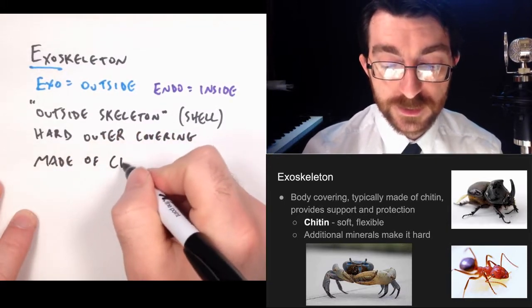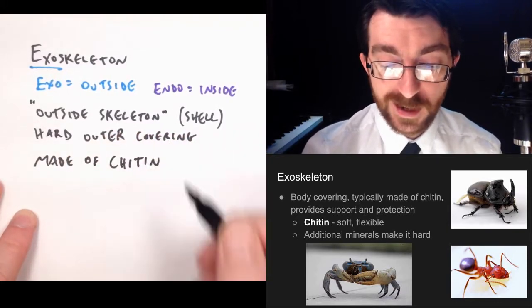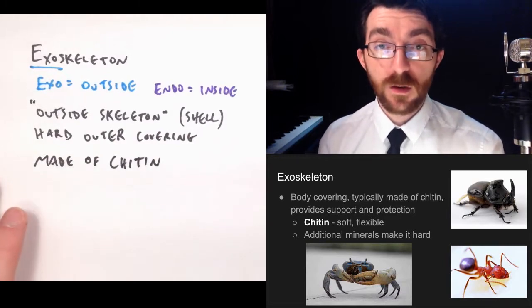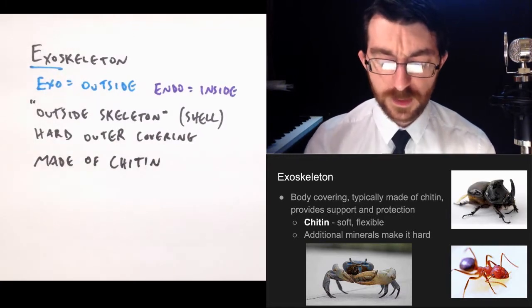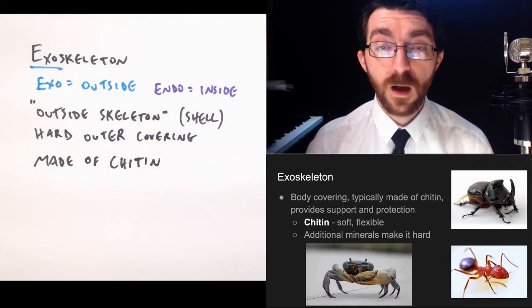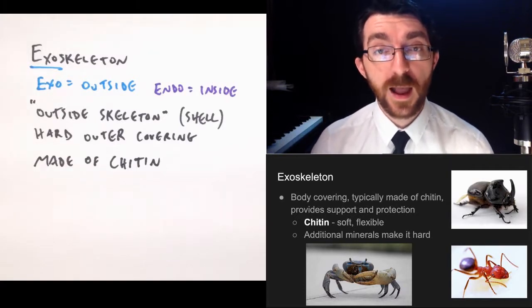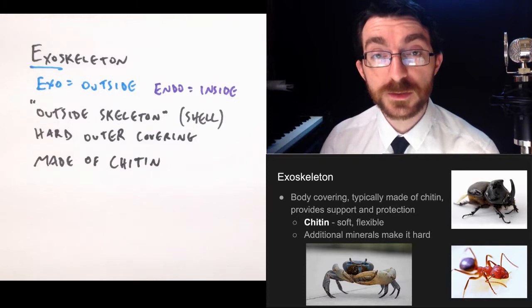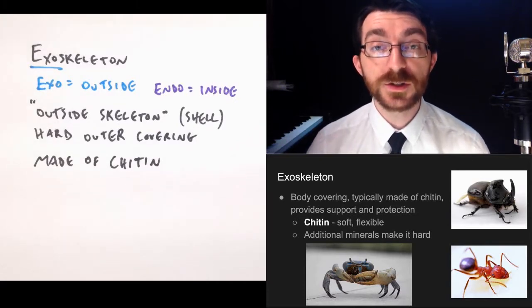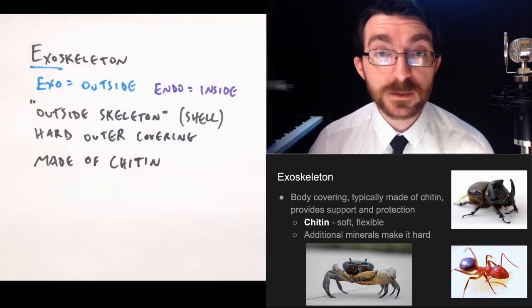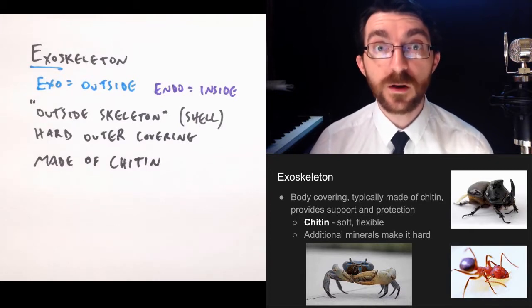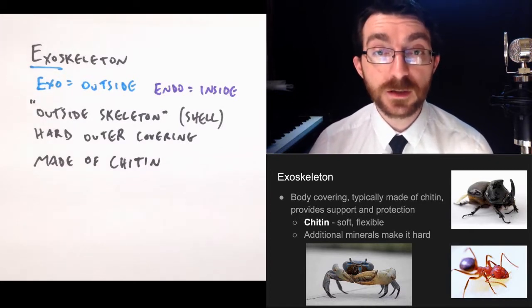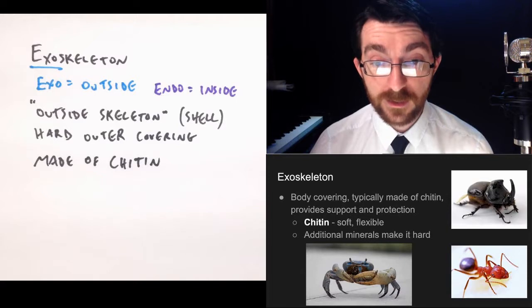This is relevant because chitin is also the substance that makes up the cell wall of fungi, whereas plant cell walls are made of something else, cellulose. So this is just a structural material, one of many that is available to life, and chitin ends up being the one.